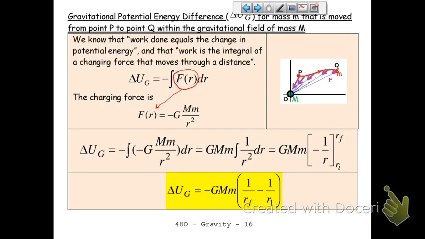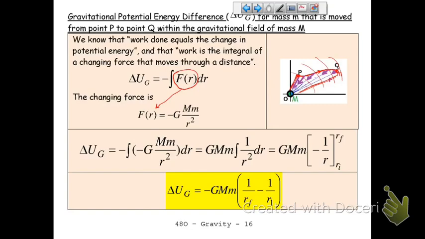Remember, it's r to the minus 2, increase the power by 1, r to the minus 1, put it in the denominator, minus 1 over r. And it goes from whatever my first is to whatever my last is. The direction doesn't matter, it's just how far you are away. It's the radial separation that matters. So that comes out to be minus G M m times 1 over r_f minus 1 over r_i.